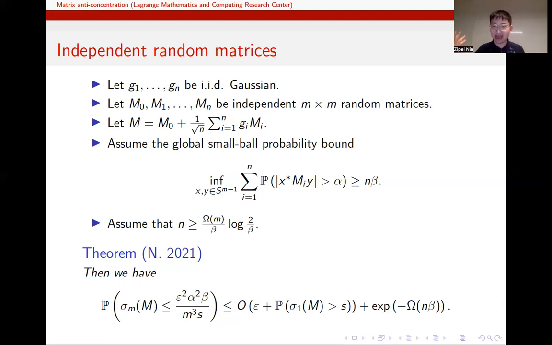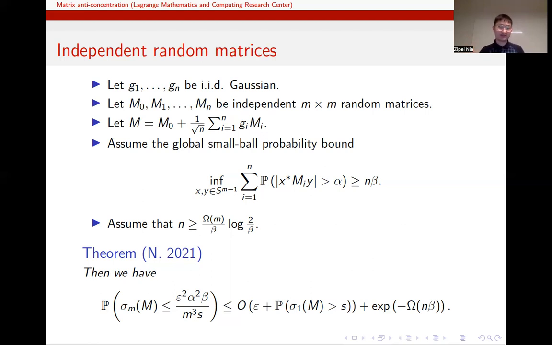However, the M here is of rank at most 1, so the least singular value of M is 0, and there's no way to have a polynomial lower bound on the least singular value. This is the difference between random matrices and the deterministic case.